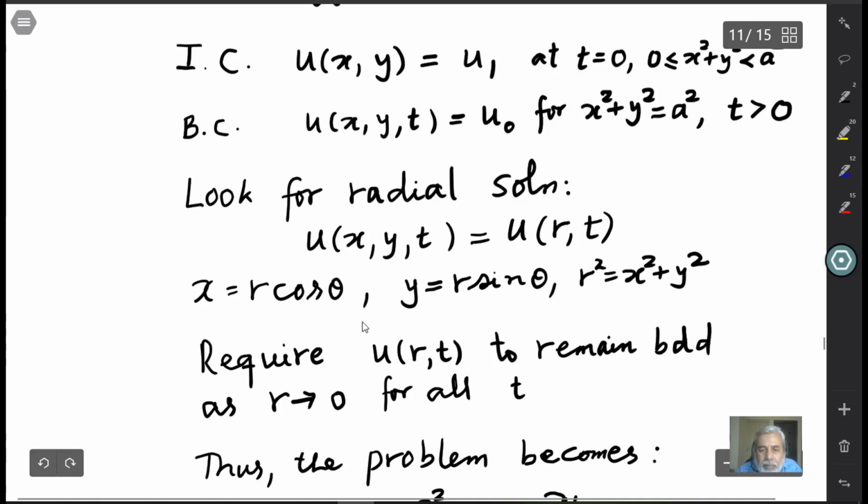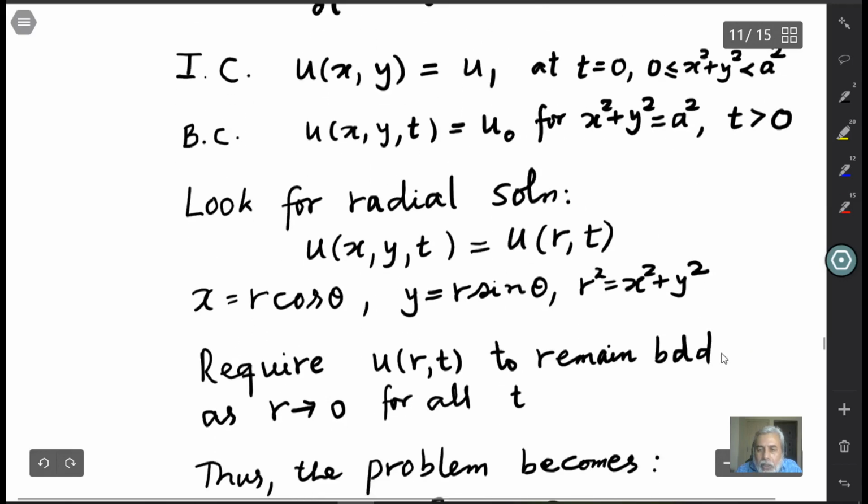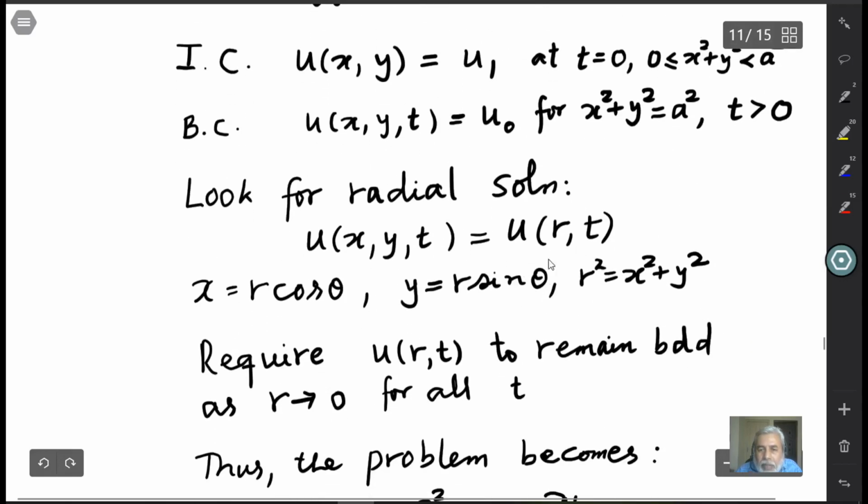While seeking a solution in the radial form, we also require that whatever solution we get should remain bounded as r tends to 0 and for all t, because in the original problem there is no problem at r equal to 0. With this change of variable there may appear a singularity at r equal to 0, but we should look for solutions which remain bounded as r tends to 0.